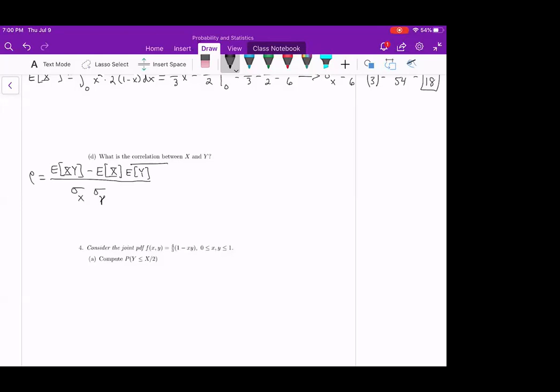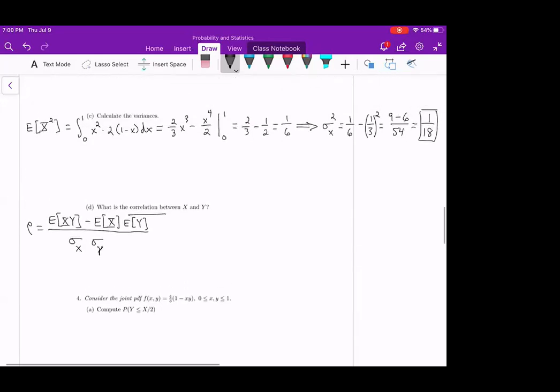And so with this formula, you should actually be able to answer this because we just got the variance of x, so you know how to get standard deviation from that. We have the expected value of x, we have the expected value of y. You should be able to get the standard deviation of y. It's a similar pattern to what we just did in part C for x.